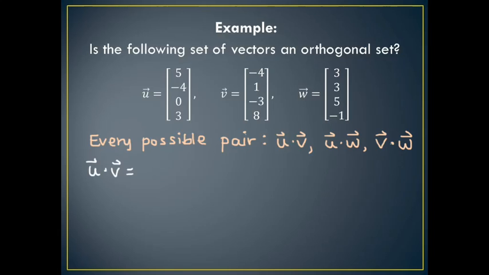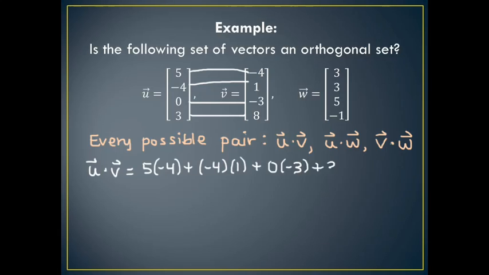Okay, now let's do u dot v. Recall that we do first entries multiplied plus second entries multiplied plus third entries multiplied, and so on. So I'm going to do 5 times -4, -4 times 1, 0 times -3, and 3 times 8, and add them all together, and I get 0.